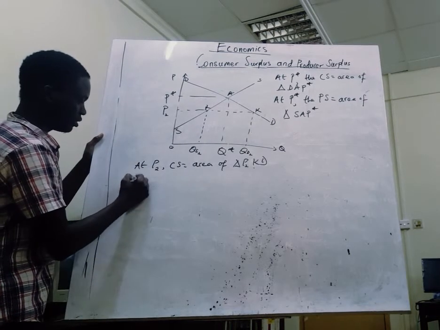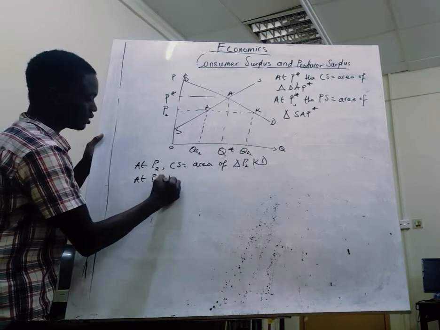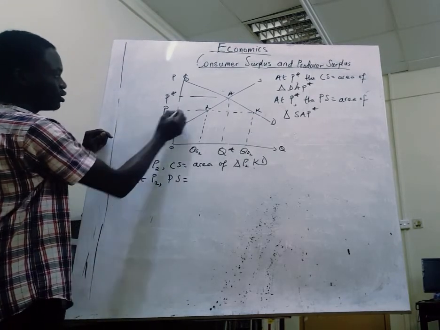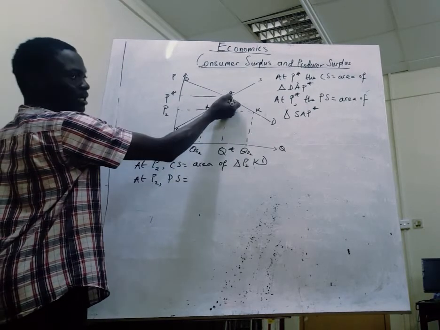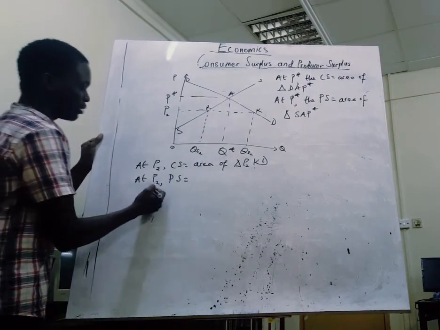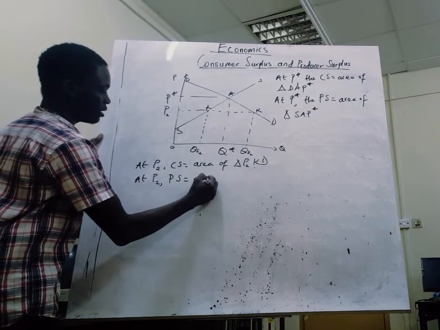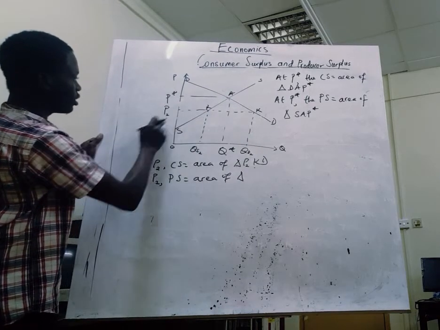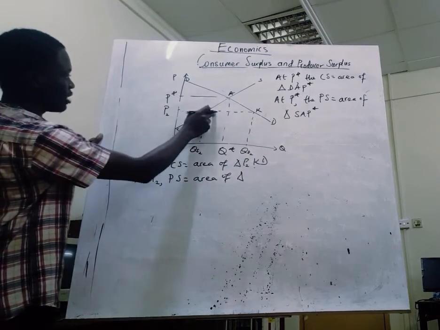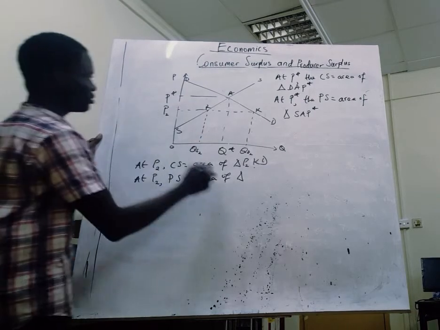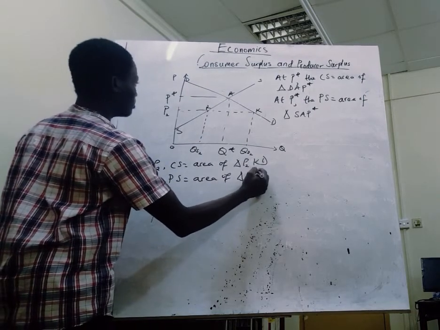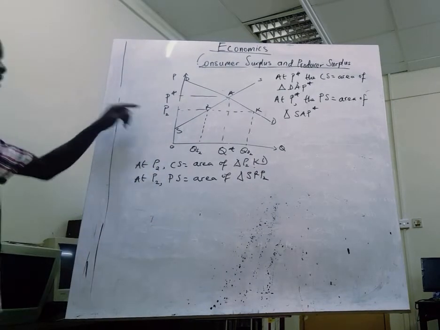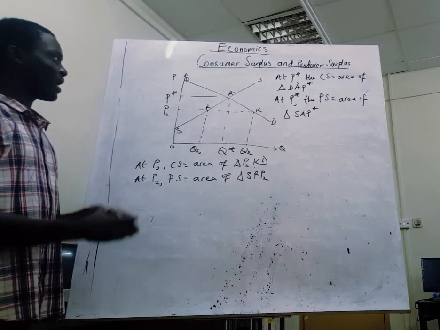Now at that same price P2, our producer surplus is equal to, look at where the line intersects the supply curve. This is P2 intersecting the supply curve here, instead of the initial position, which means we have a smaller PS. So at price P2, PS is equal to the area of triangle P2 SR. What we discover from this is that from a lower price, consumers benefit because they have a higher consumer surplus.